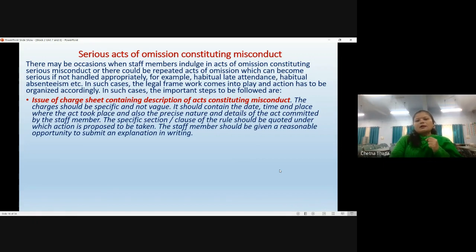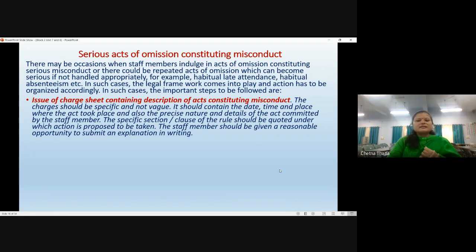These charges should be specific, it should not be vague. It should contain the date when the misconduct happened, the time and the place where the act has taken place. It should also be precise in nature and give the details of the act committed by the staff member.